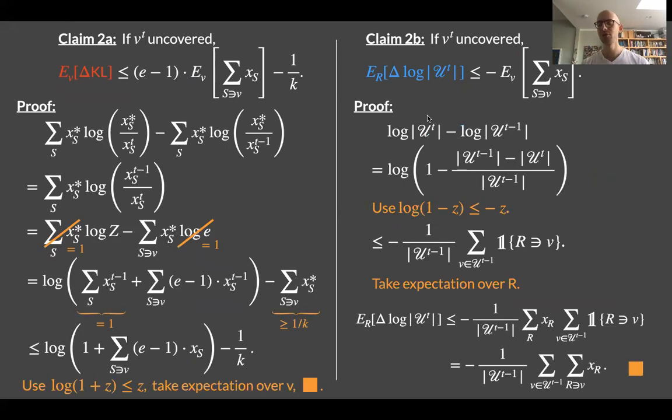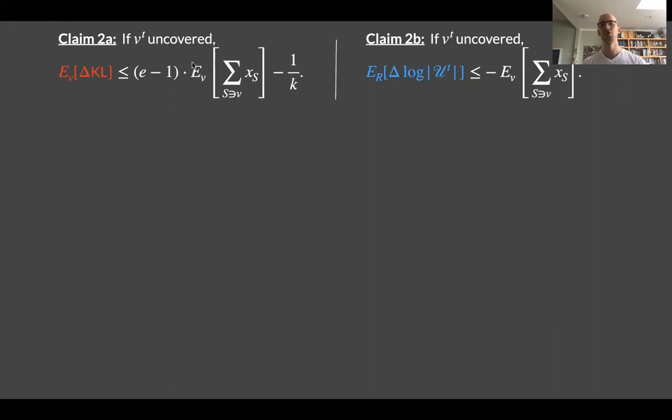I show you this just because it's a relatively short and clean algebraic proof. The point is that you can bound the decrease of the red part like this, and you can bound the decrease of the blue part like this. Notice that the positive term in the red decrease looks a lot like the negative part of the blue decrease.